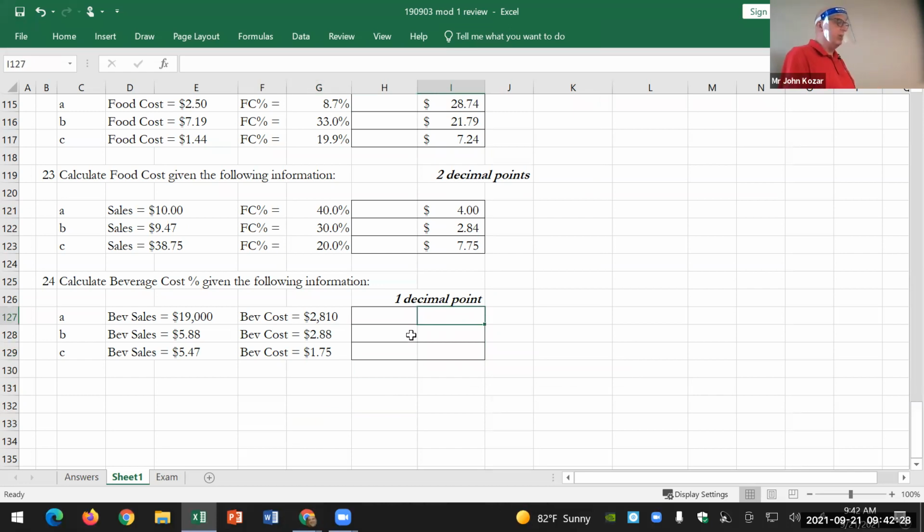Okay, and then if we're calculating beverage cost percent, it's just going to be beverage cost divided by beverage sales.